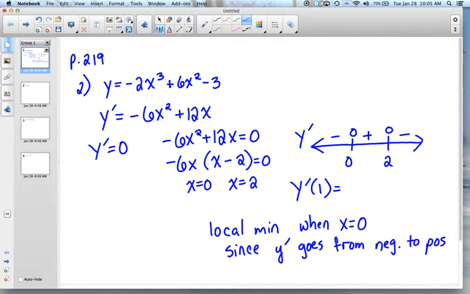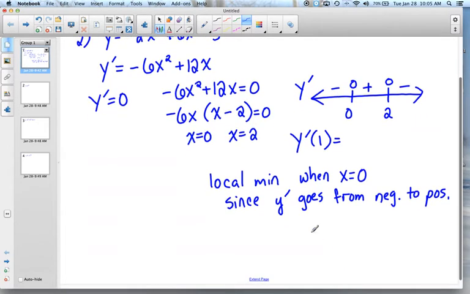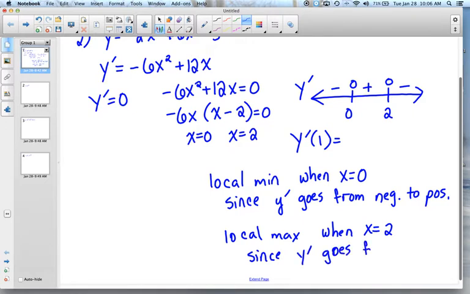And you do need to have that justification on your paper. Then we also will have a local max when x equals 2, since y prime goes from positive to negative.